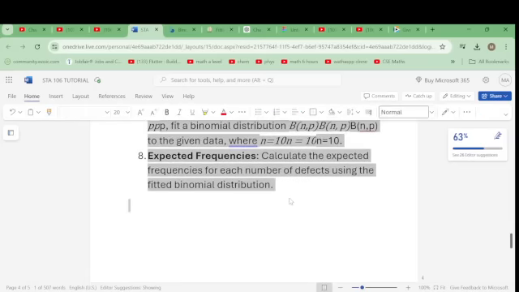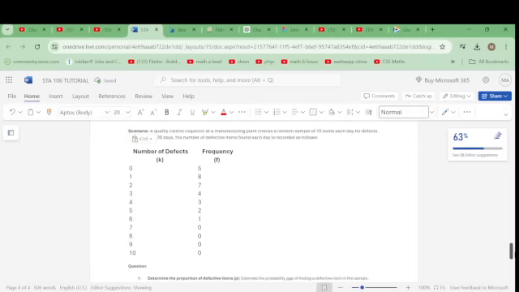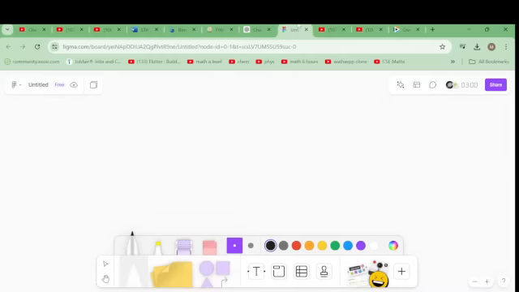Let me go and use a board to solve this question so it can be easy for us. So this is the last thing we are doing on binomial distribution. So what is the question? Let's use the board instead of the one we are using.